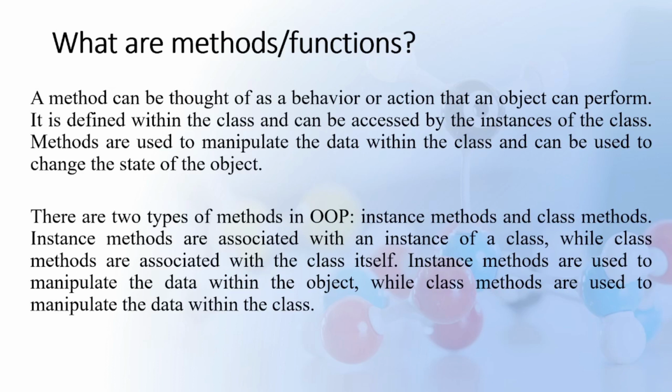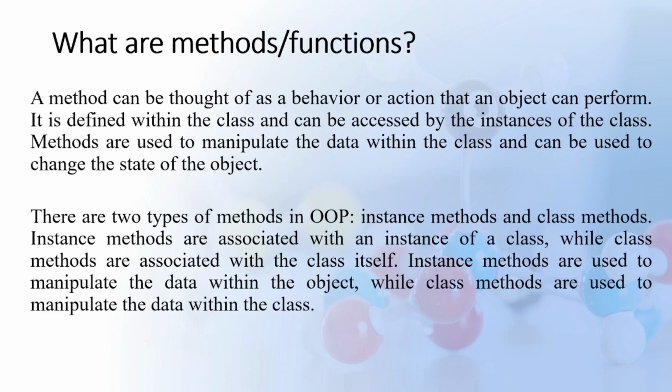As I said, methods are associated with a class while functions are not. If you have something without a class which helps your process to be performed, like compute, then we call it a function, not a method.